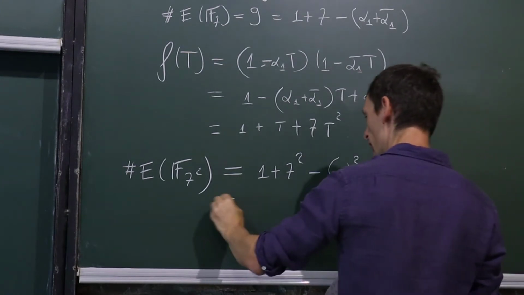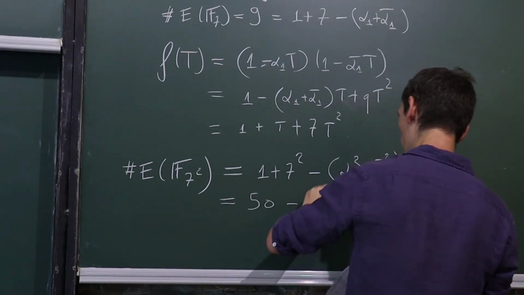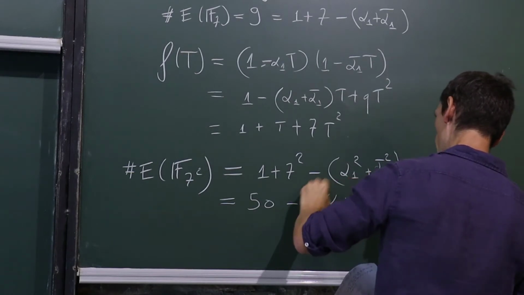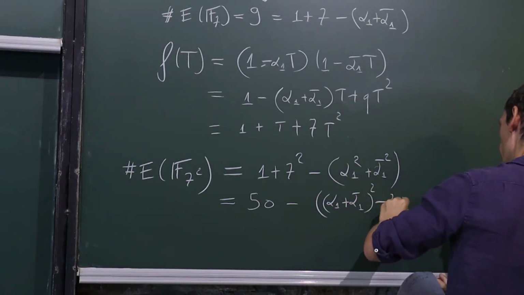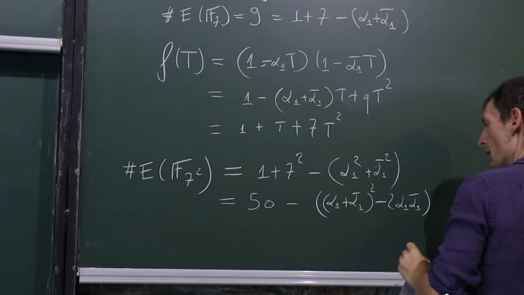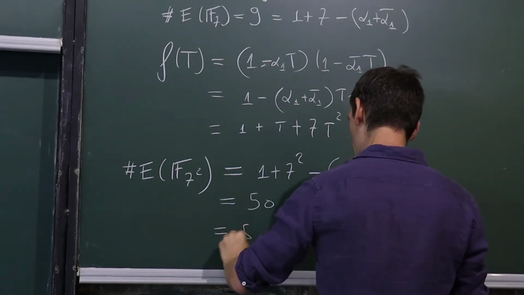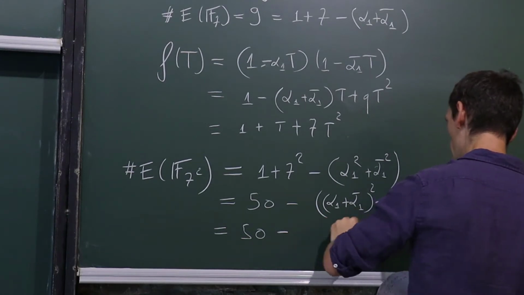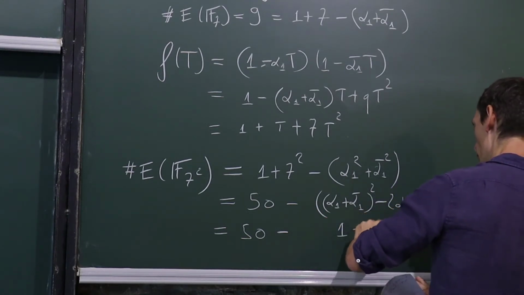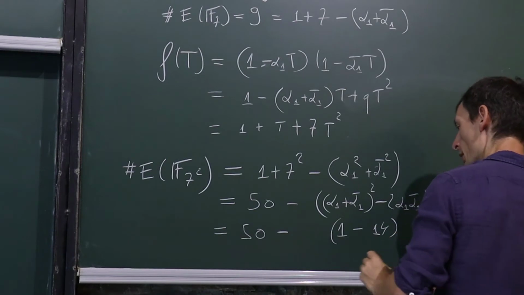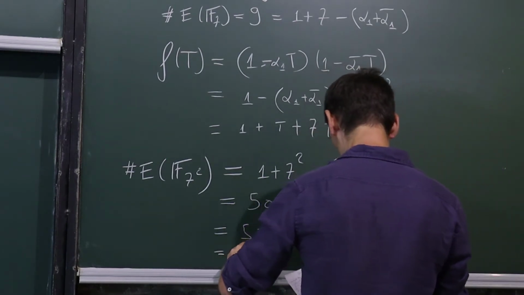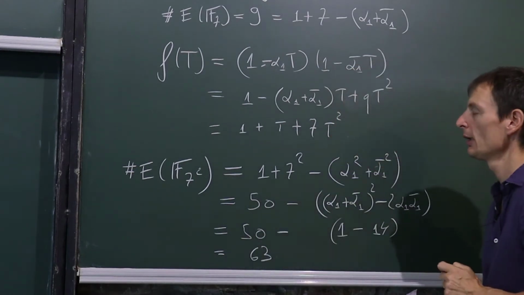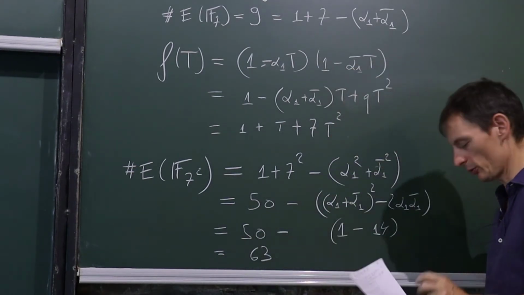But of course, this is 50 minus alpha 1 plus alpha 1 bar squared minus 2 alpha 1 alpha 1 bar. So this was minus 1, so it's 1 minus 2 times 7, which is 14. So you get that the number of points is going to be 63. You see, very easy and much faster to compute in this way.